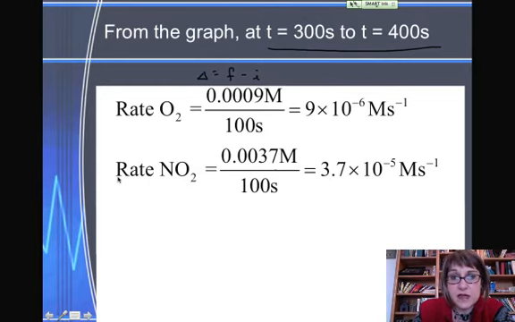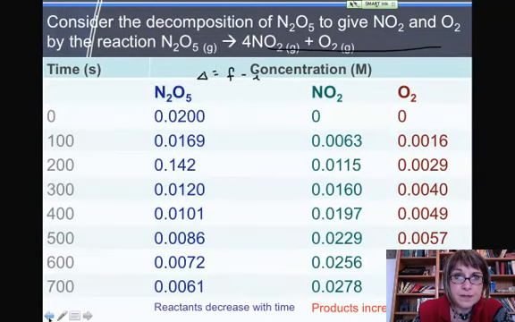How does this compare to the rate of change for NO2? Let's calculate it. Take the change in concentration divided by the change in time. What I find is that the rate of change for NO2 is greater than the rate of change for oxygen. We could have predicted that by stoichiometry. Let's look at that chemical reaction again.